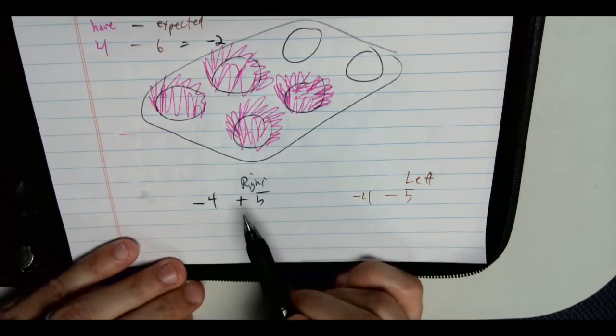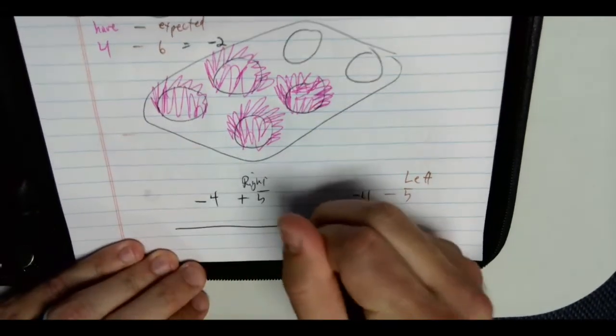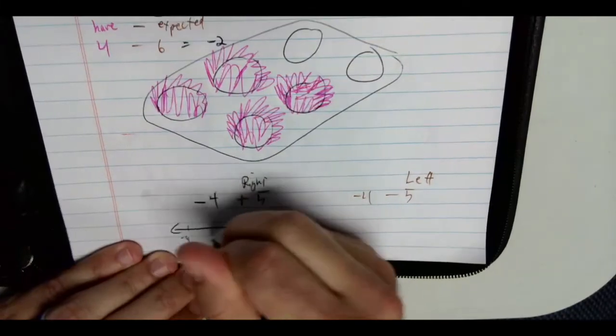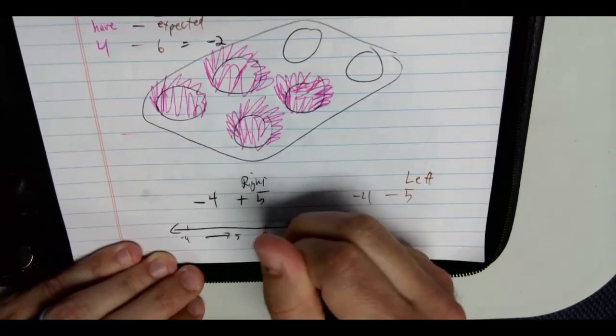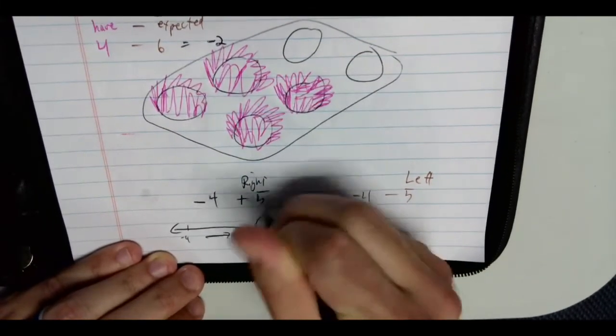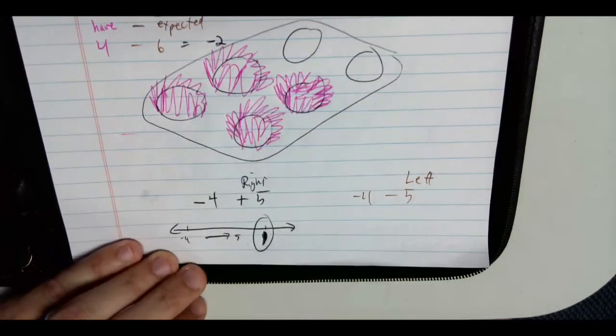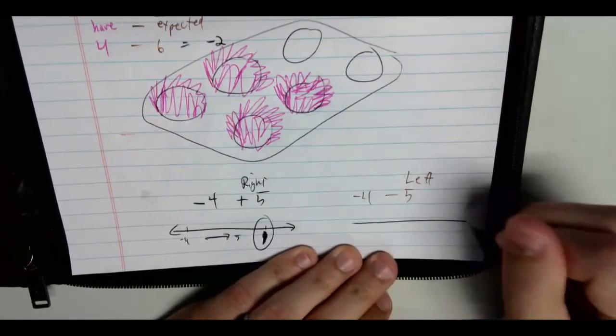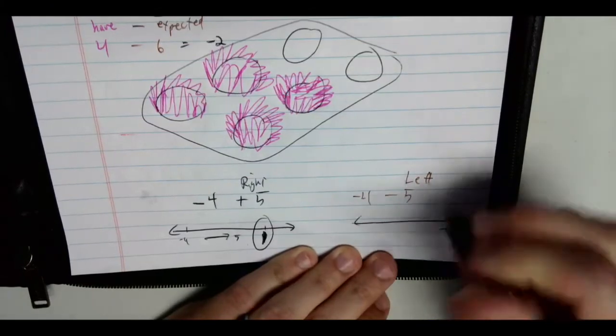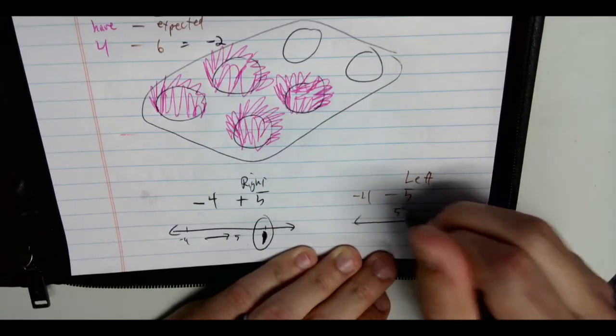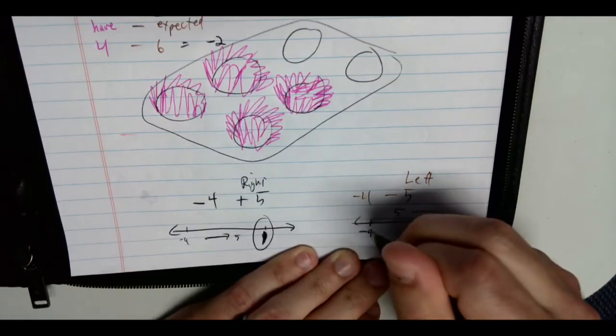So simply going to the right, -4, I'm going to go to the right 5. That puts me at 1. And then -4, and I move left 5. That puts me at -9.